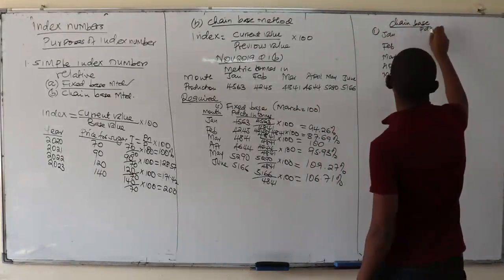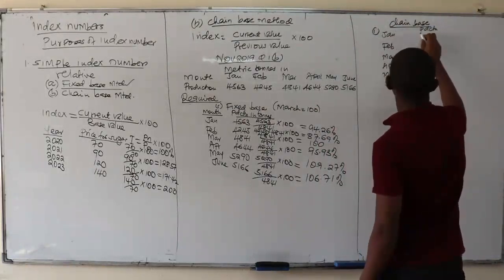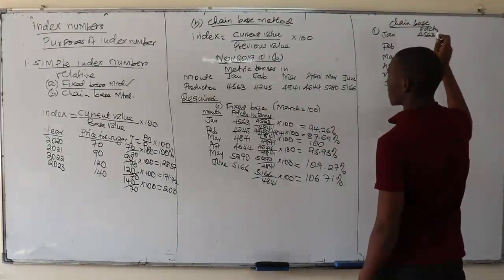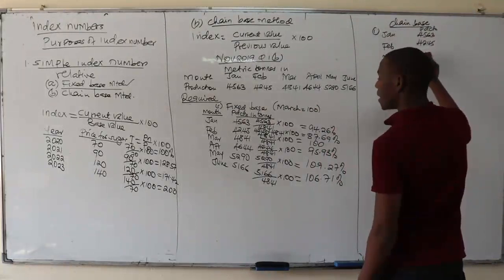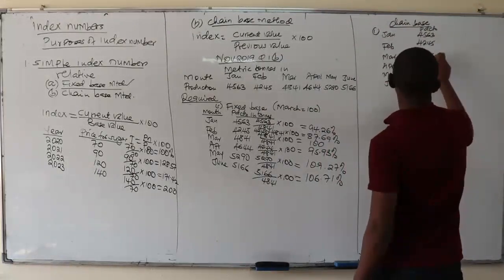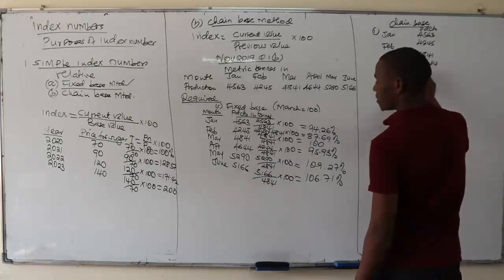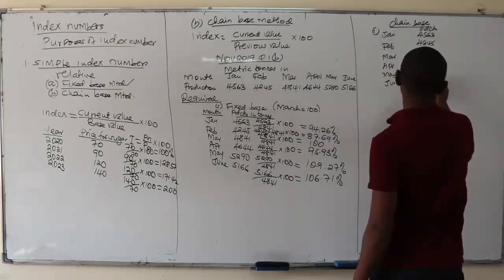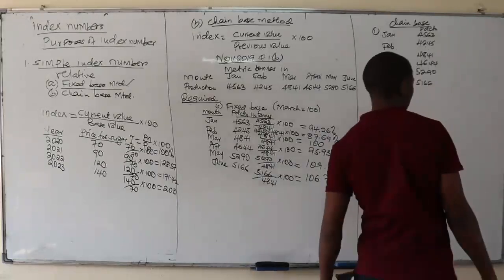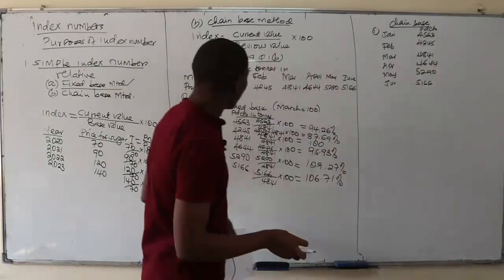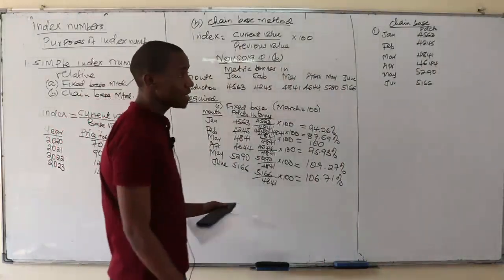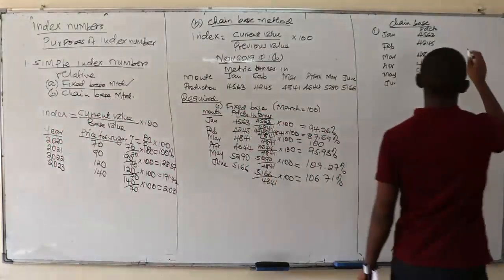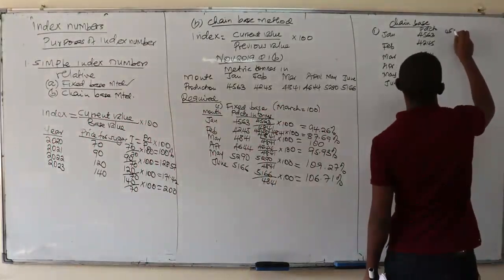In this case there is production: 4563, 4245, March is 4841, April is 4644, then 5290 and 5166. For the chain base, the previous value is what we take as our base.